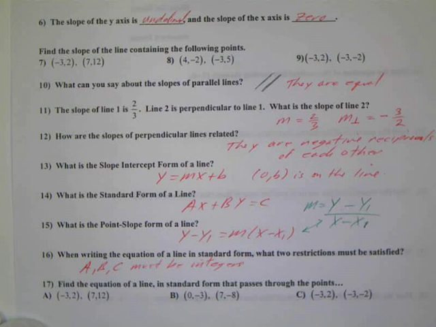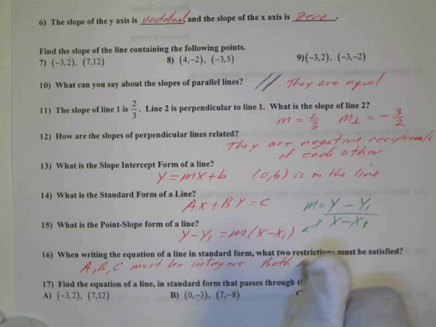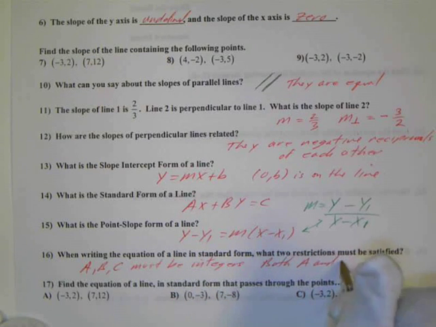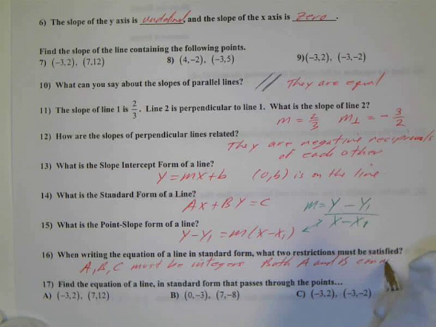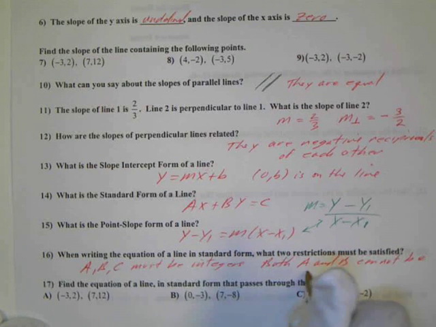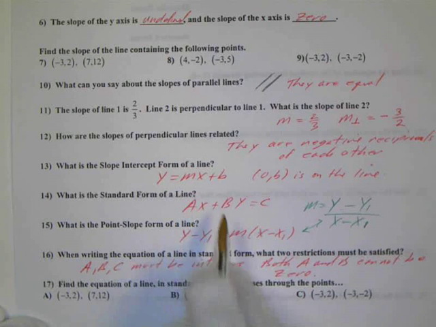And 0 is an integer, but both, I might have said x and y, I should have said both a and b cannot be 0. In other words, you can't have both of these 0. All right? A could be 0 or B could be 0, but not both. Both A and B cannot be 0. I might have said x and y earlier, but I meant A and B.